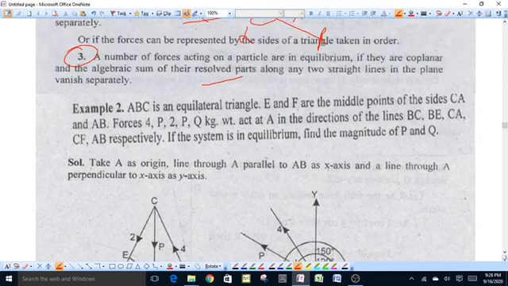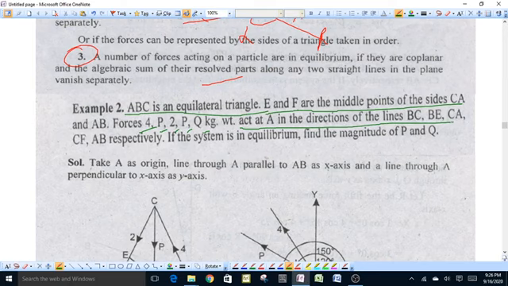Suppose we have an example. Suppose ABC is an equilateral triangle, and E and F are the middle points of the sides CA and AB. Forces 4, P, 2, Q kilogram weight act at a point in the directions of lines BC, BE, CA, CF, AB respectively.